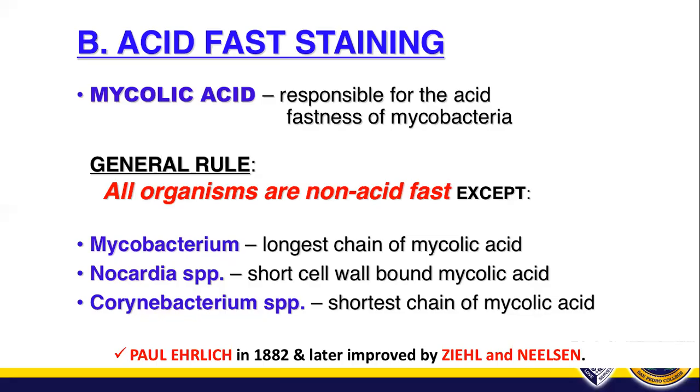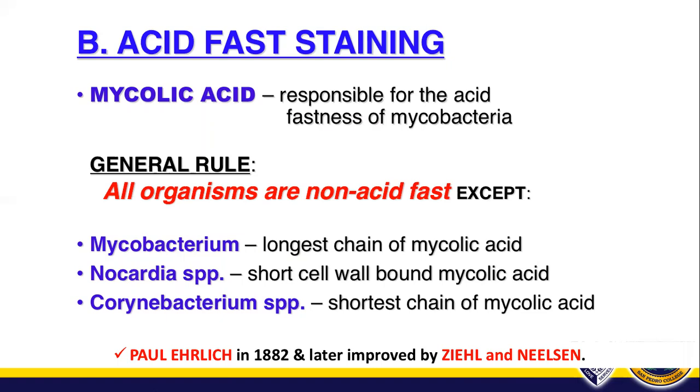Then we have Nocardia, which have short cell wall-bound mycolic acid. The one with the shortest chain is Corynebacterium. Sometimes, even if we perform acid-fast staining, Corynebacterium won't be able to demonstrate acid fastness because their chains are really short.